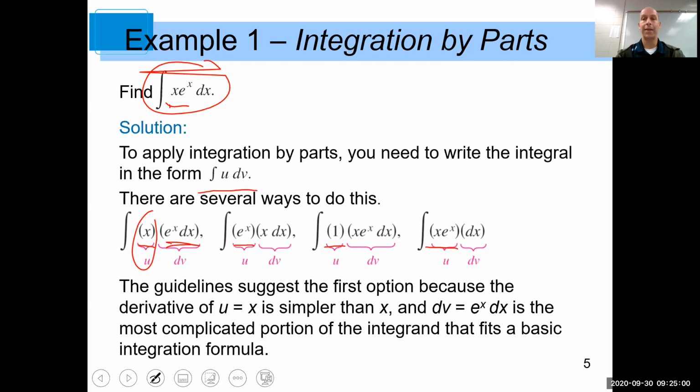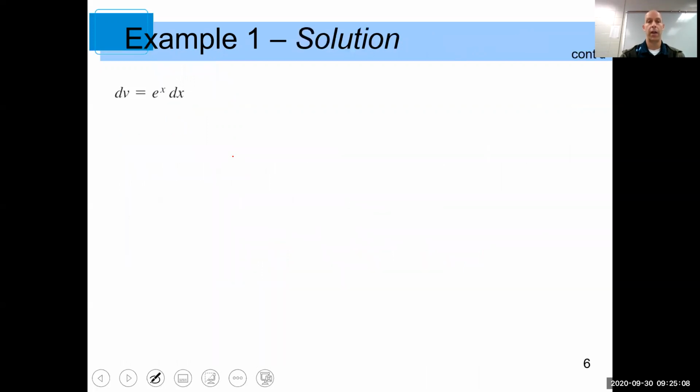We're going to use this first option to recognize this is the form, the integral of u dv. Remember we said that u is equal to x. So then everything else has to be the dv.